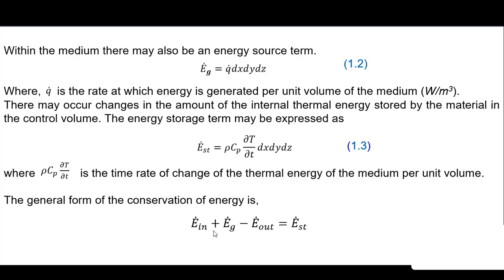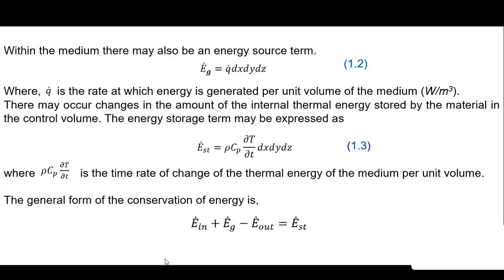Now what is this energy coming in? That is Qx, Qy and Qz, because energy is supposed to come into the element in the x, y and z directions at faces which are represented by Qx, Qy and Qz respectively. And what is energy out? That is Qx plus dx, Qy plus dy and Qz plus dz.